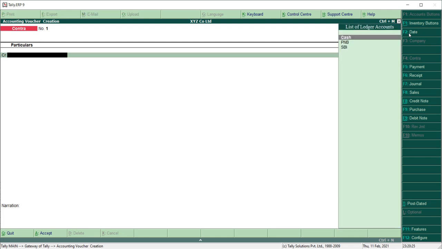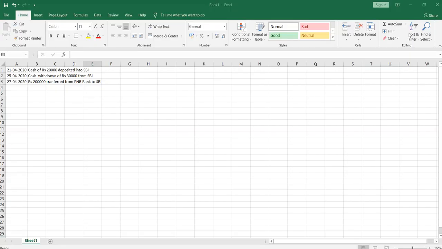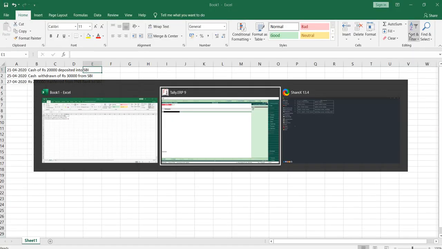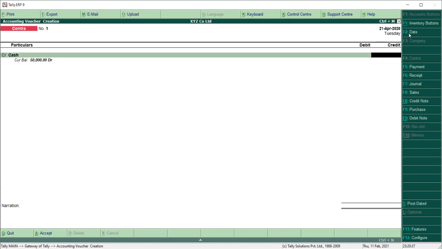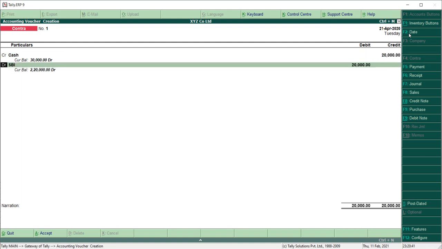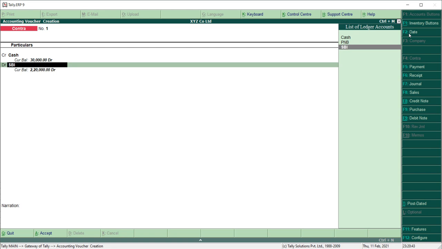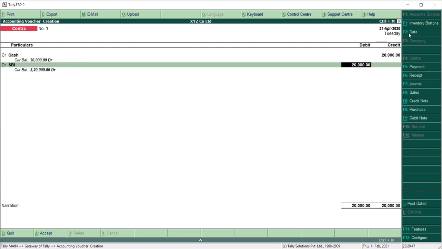So we are going to deposit 20,000 into the bank, cash deposit. So the credit will be cash. 20,000 is the fund. We are depositing the fund into the SBI, so SBI will be debited.